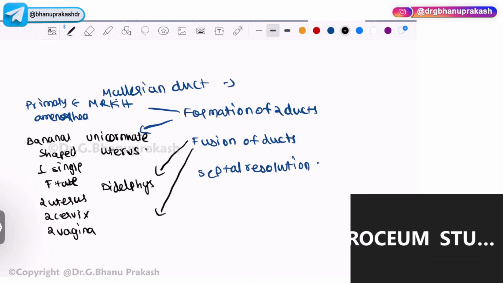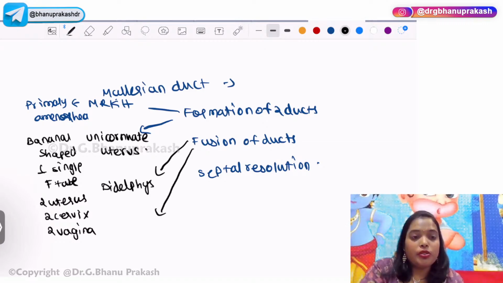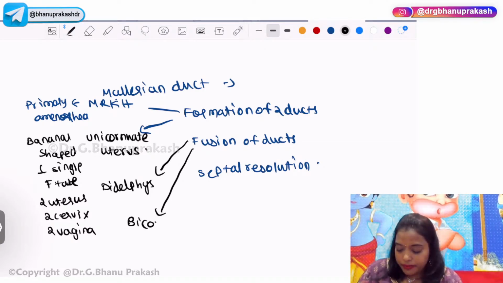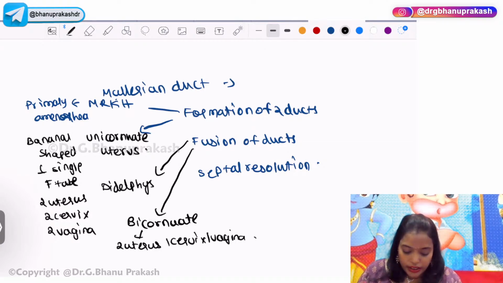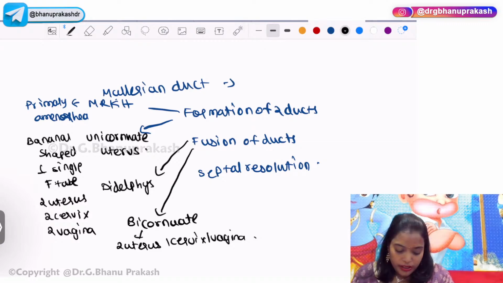Next, lower part would have been fused, but upper part is not fused. Lower part is fused, but upper part is not fused is bicornuate. Two uterus, one cervix, one vagina. See how logical this is.